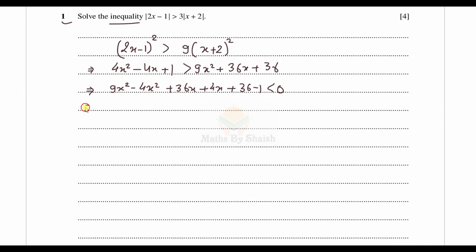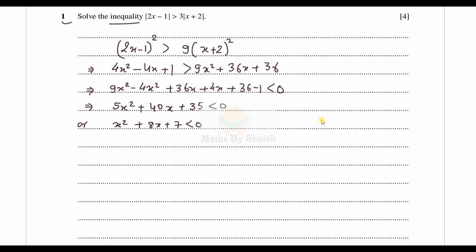So at the last we got 5x square plus 40x plus 35 is less than 0. We can see there is 5 everywhere, so we'll divide by 5, and it is x square plus 8x plus 7 less than 0.